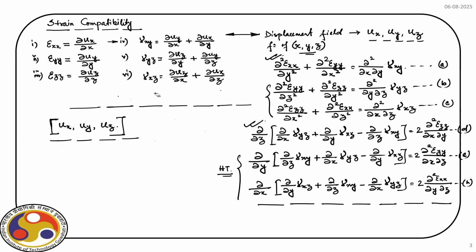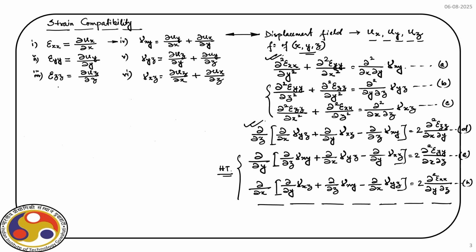Okay. So, now just one more thing is that we have again the forward problem, that from the displacement field we can easily find out the strain components, right. So, say these are the different 6 strain components. Okay. So, if I consider that in a matrix form, we have this one.